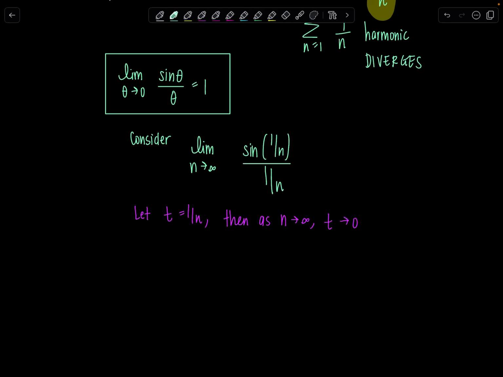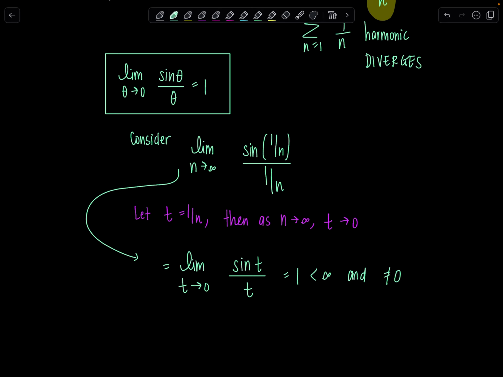So then I can rewrite this as the limit as t approaches 0 of sine of t over t, and this is a limit that you learned in Calc 1, very famous. This is 1, which is finite and non-zero, which tells me what?